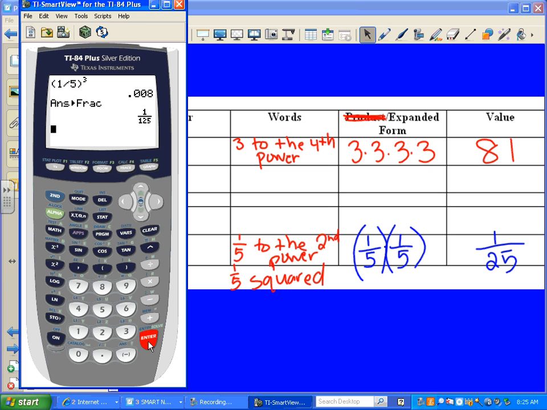And guys, that goes for anything to the 2nd, to the 3rd, to any exponent. You could use the caret for all of them if you want. I just wanted to show you the trick of squared and cubed. I'll show you again tomorrow. I just want at least to show you today so you can think about that a little bit.